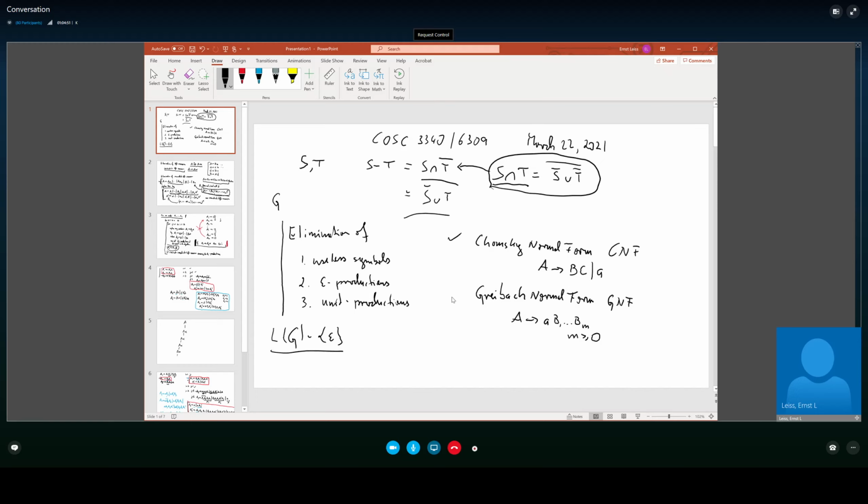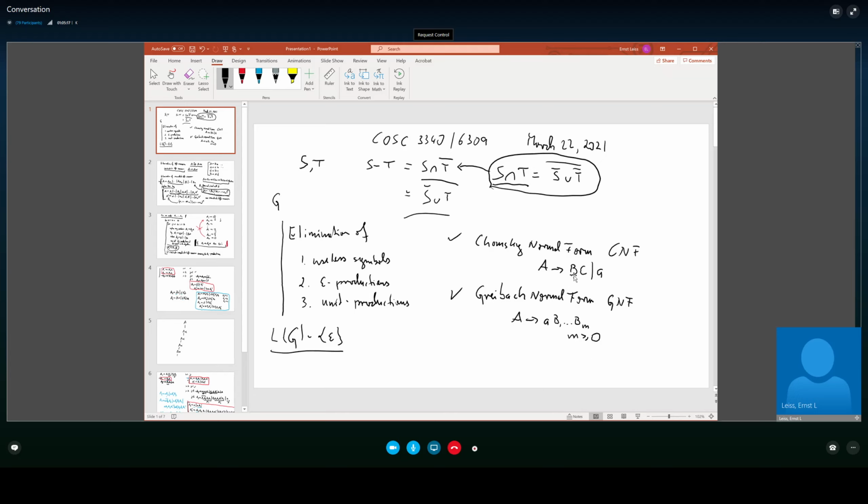And so we've shown that given any context-free grammar G, assuming it doesn't generate epsilon, we can replace that by a context-free grammar that is in Chomsky normal form, or we can alternatively replace it by a grammar that is in Greibach normal form.